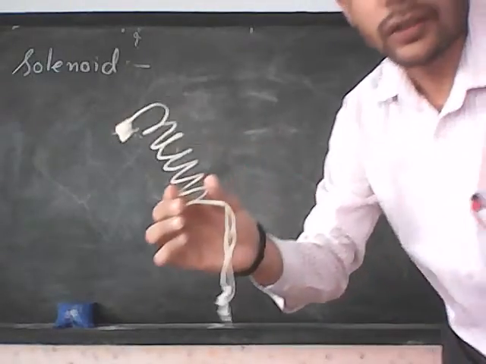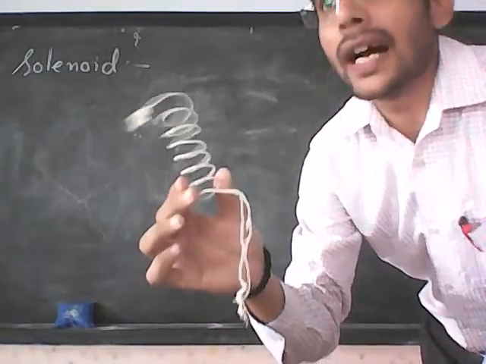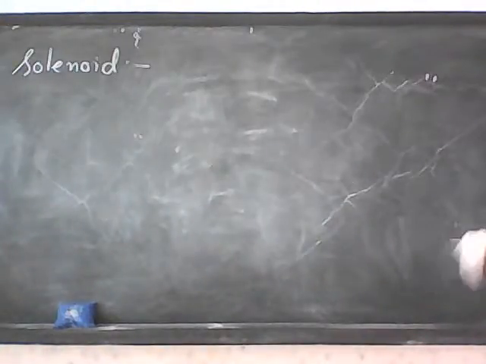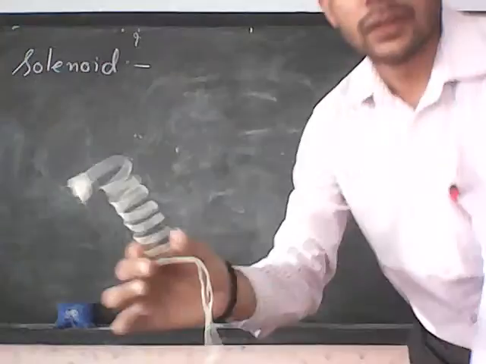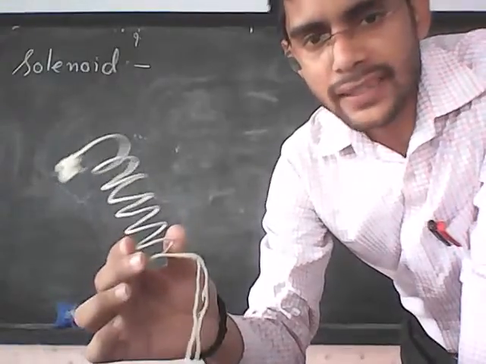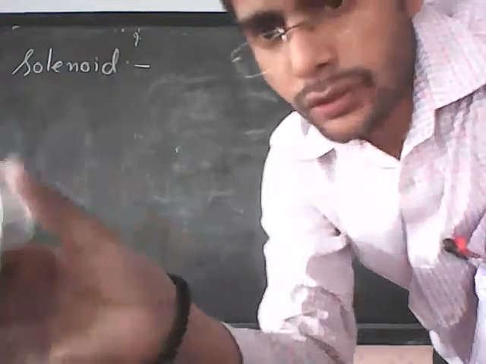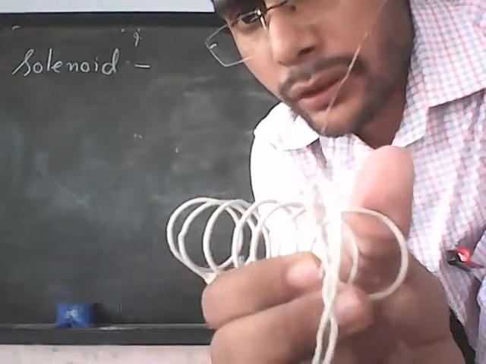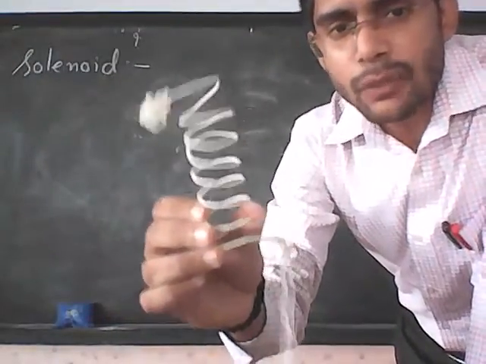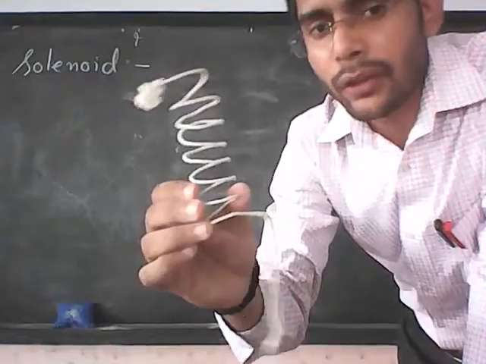A long cylindrical coil consisting of a large number of turns of an insulated wire. This wire can be made up of copper also, as it may be visible to you. So a long cylindrical coil consisting of a large number of turns of insulated wire is known as a solenoid.